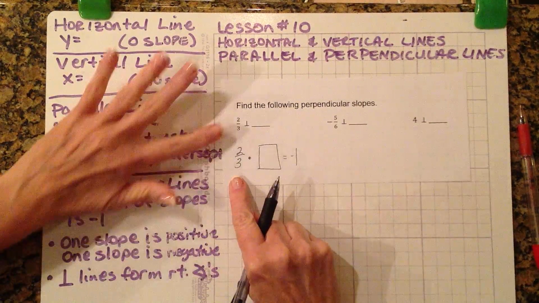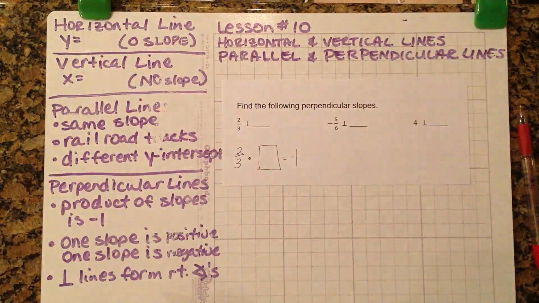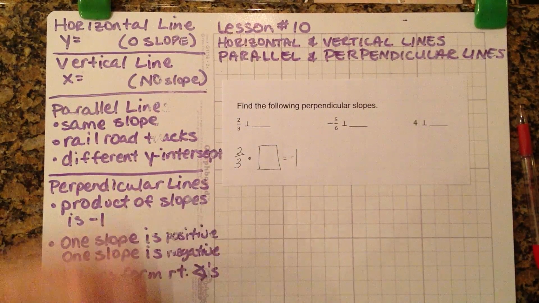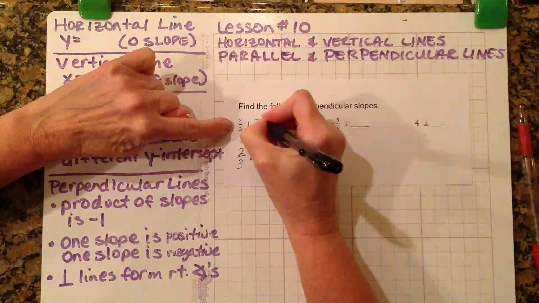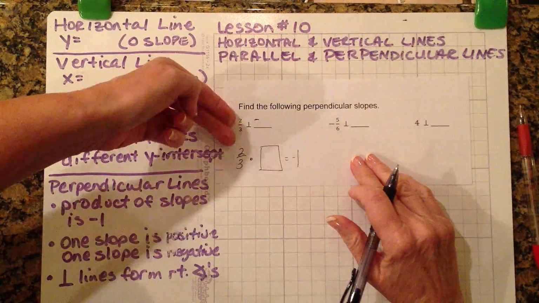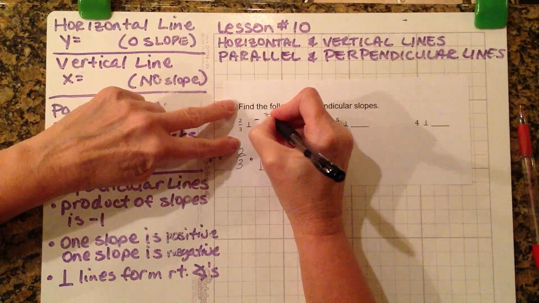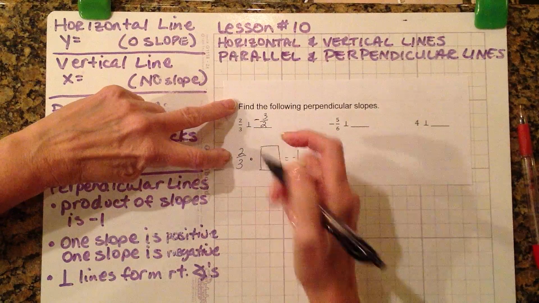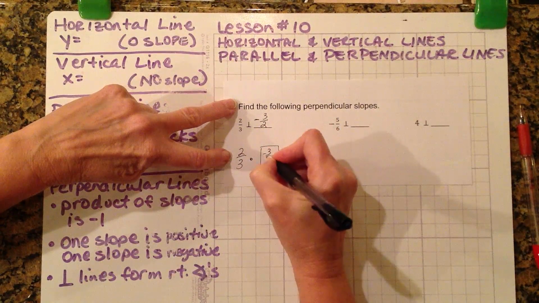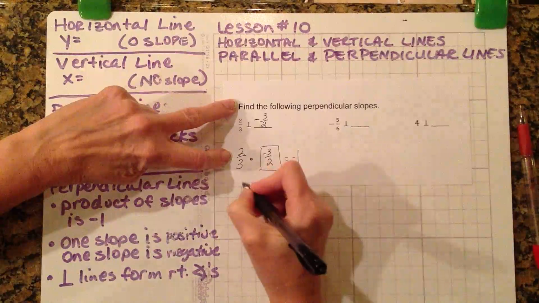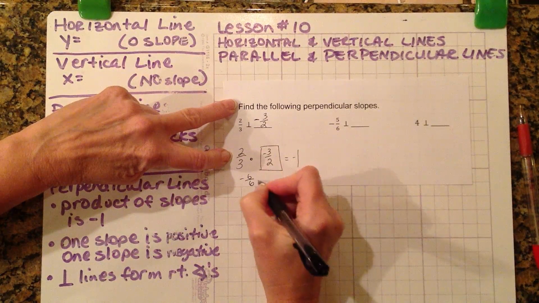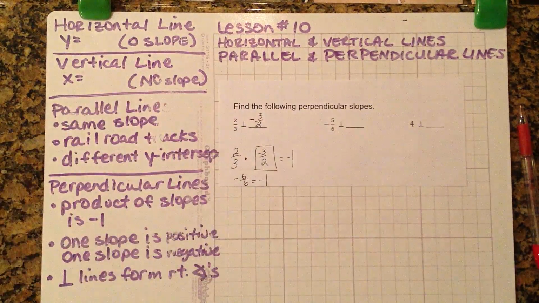Because remember, one slope has to be positive, one has to be negative for perpendicular slopes. So this one's positive, I know this one has to be negative, and just flip the value, 3/2. So 2/3 times negative 3/2 equals negative 6 over 6, and that gets me negative 1.